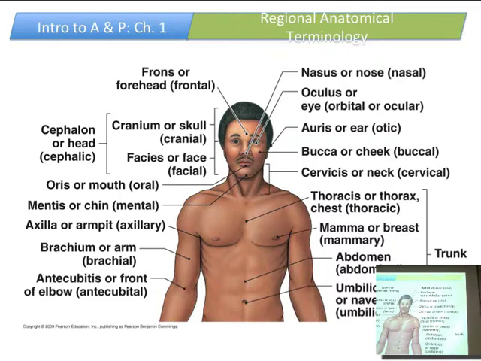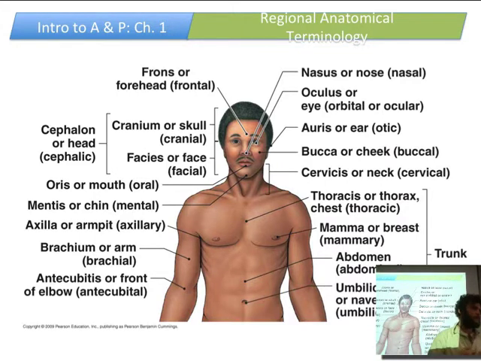A lot of these you'll hear the adjective much more than the noun in common usage. So cervical vertebra, for example. Oris is the mouth or oral. Thoracis or thorax is your chest. The adjective is thoracic. Mentis is your chin or mental. There are the mental foramen that are right here.